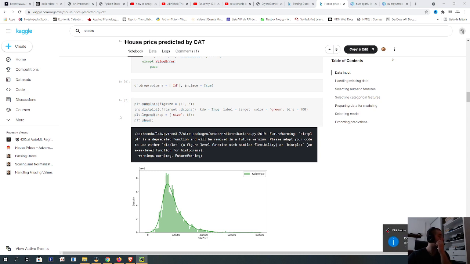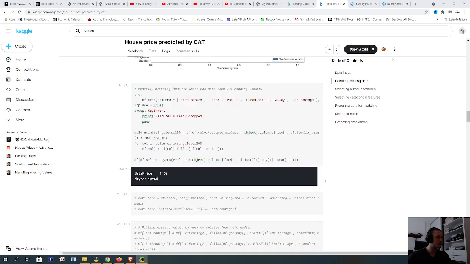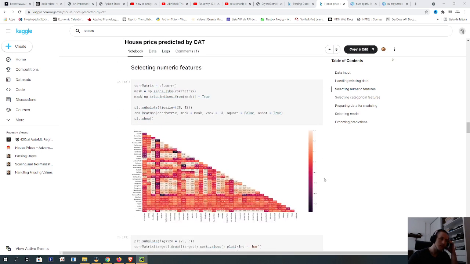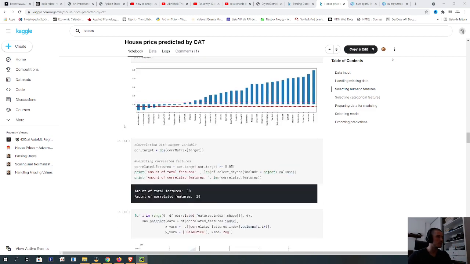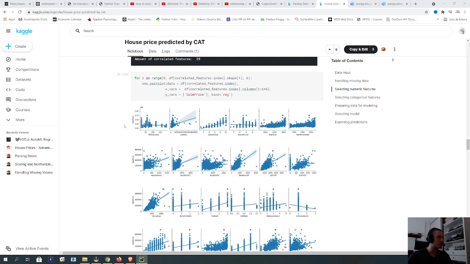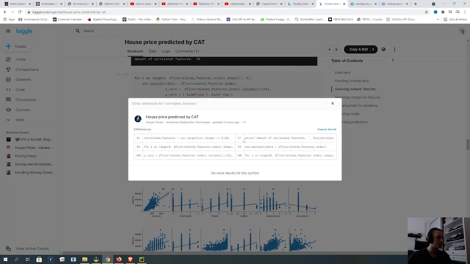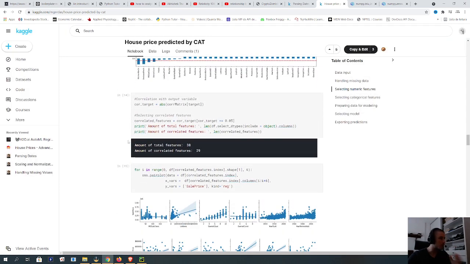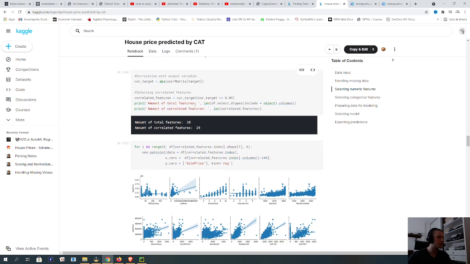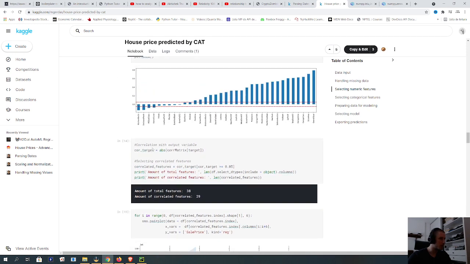Yeah, so it was in correlations that I was looking at the thing. Let me go back to this part here. Correlated here. So he's taking the absolute correlation with output variable.